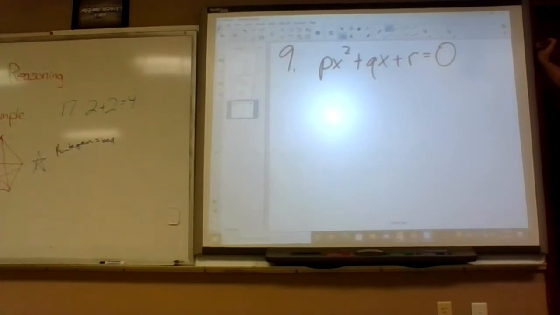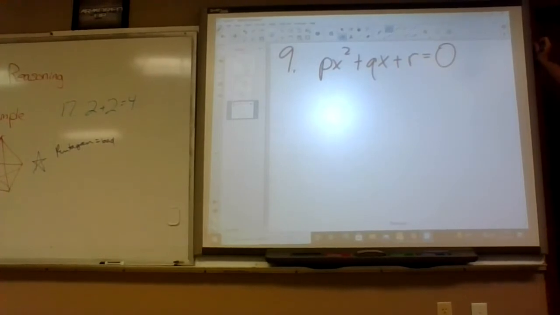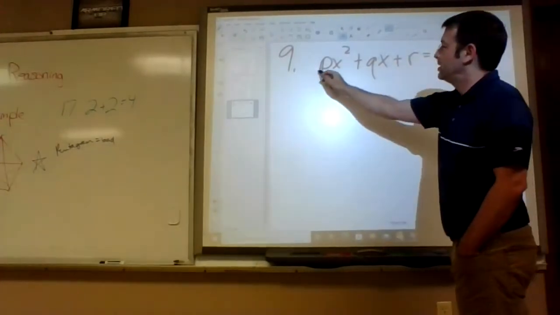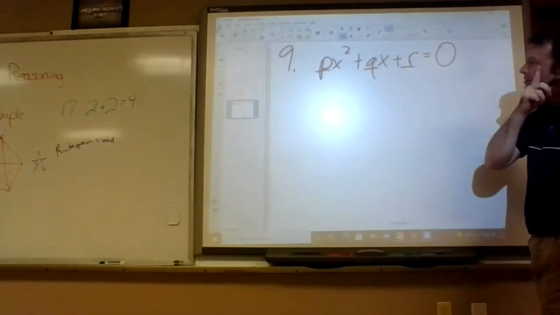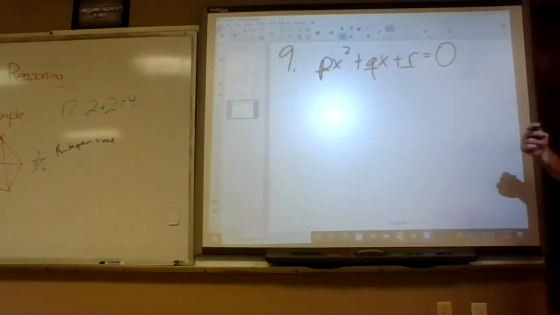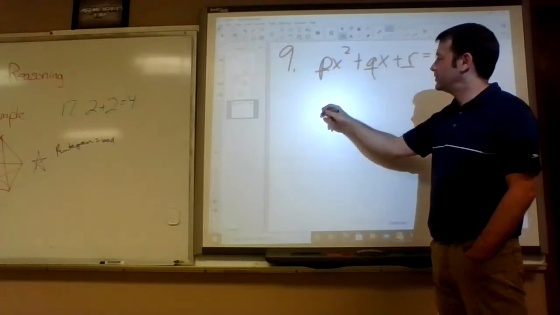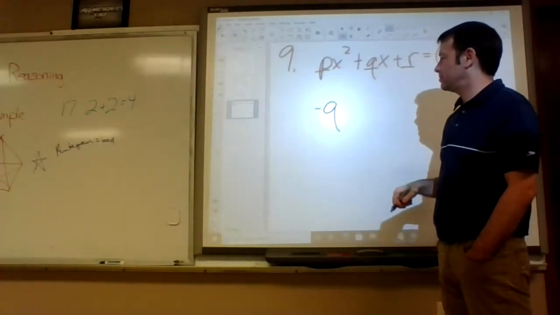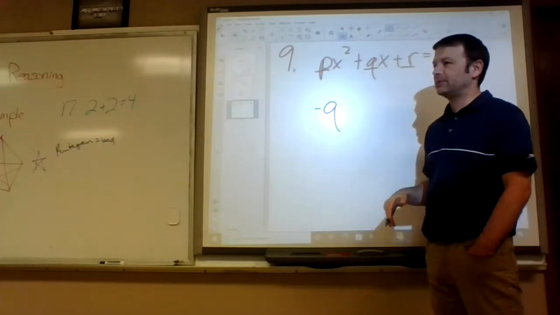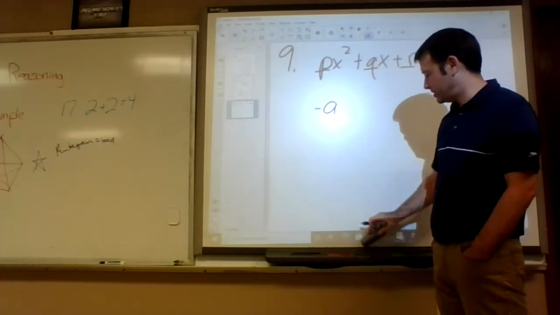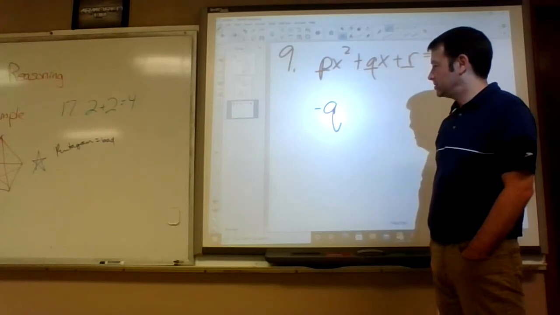I can't really solve it like we normally think, but it's basically the quadratic formula using A, B, C. So negative B is negative Q. I put a little tail on my Q so they don't look too much like a 9.